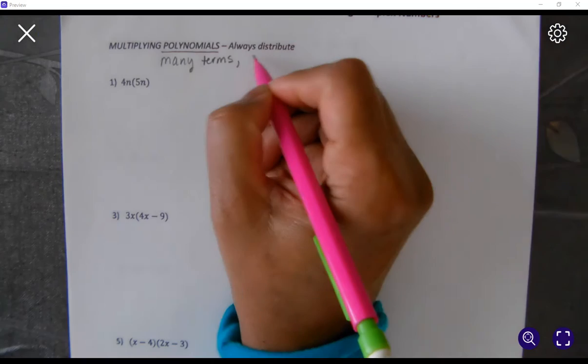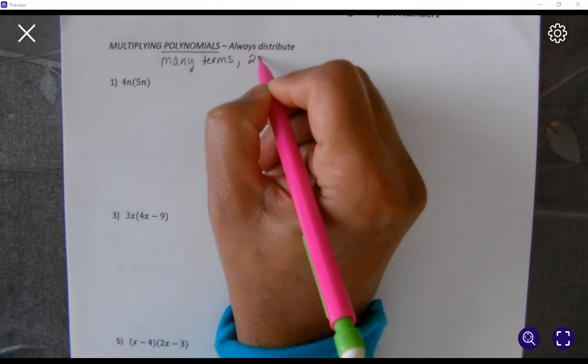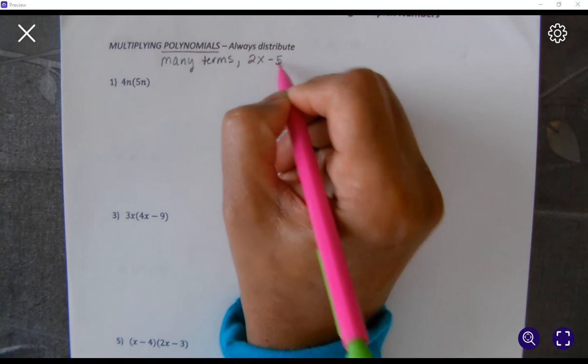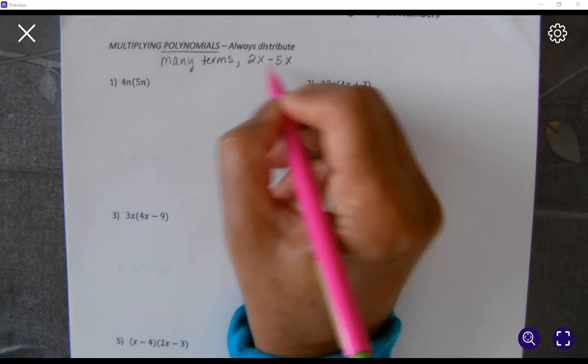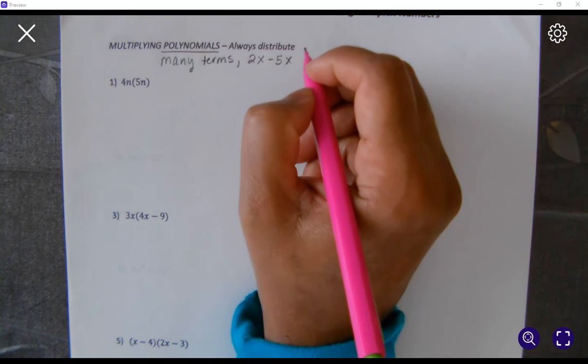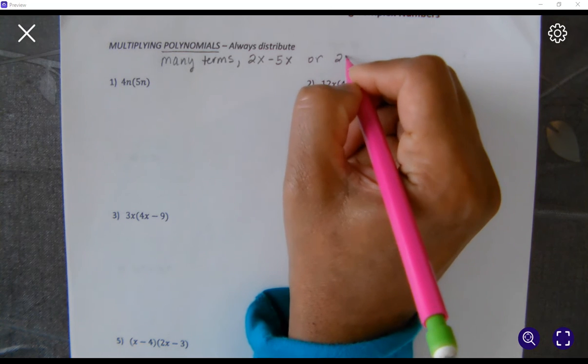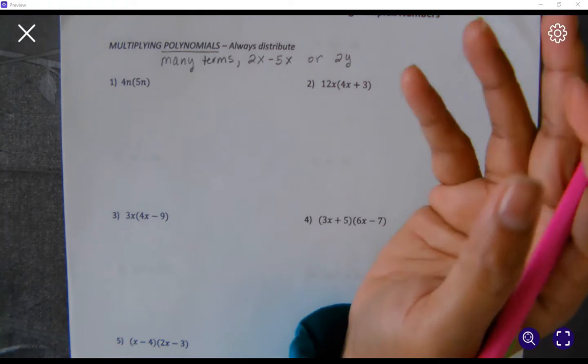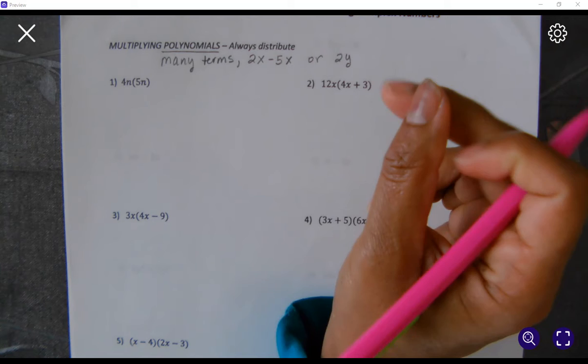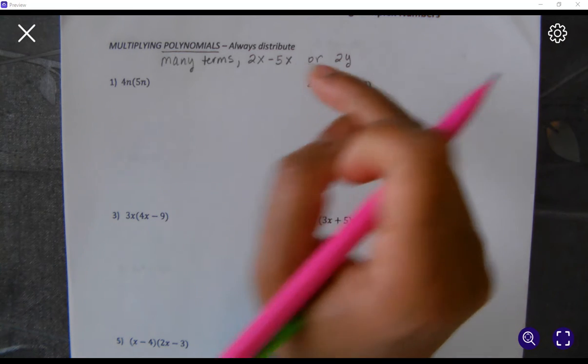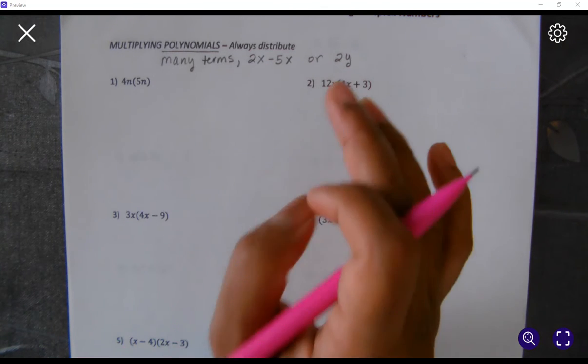So for example, a term could look something like this: 2x minus 5x. This one has two terms right here. Or it could look something like this, where you just have one term, 2y. It could have many terms. So a polynomial has many terms.